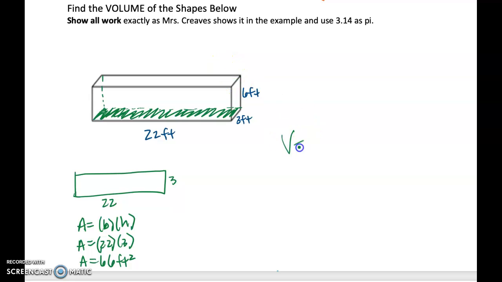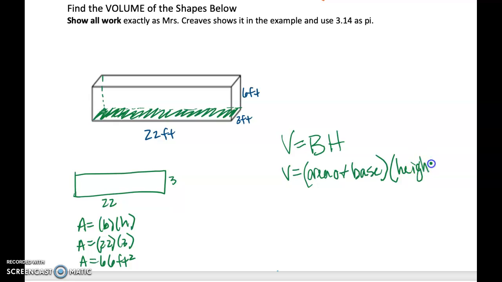So volume is big B times big H. Volume equals area of base times the height between bases. Now, there are other formulas that you have found and been given on other worksheets. If you want to write down that volume equals length times width times height, that's fine.